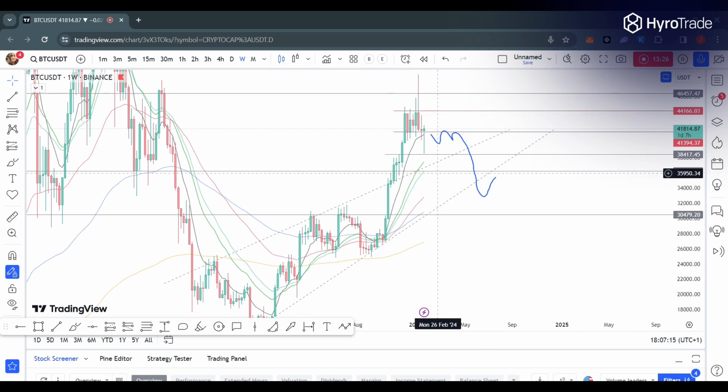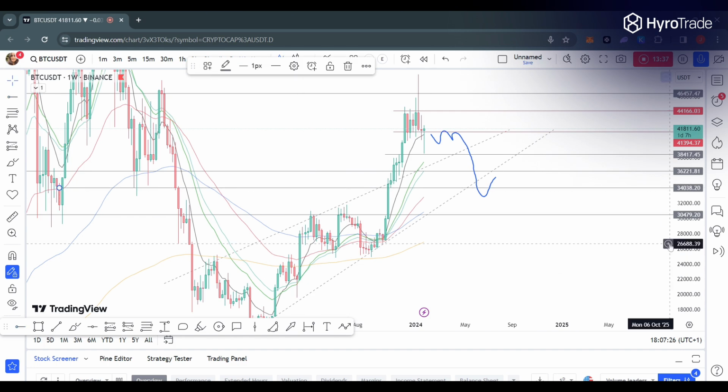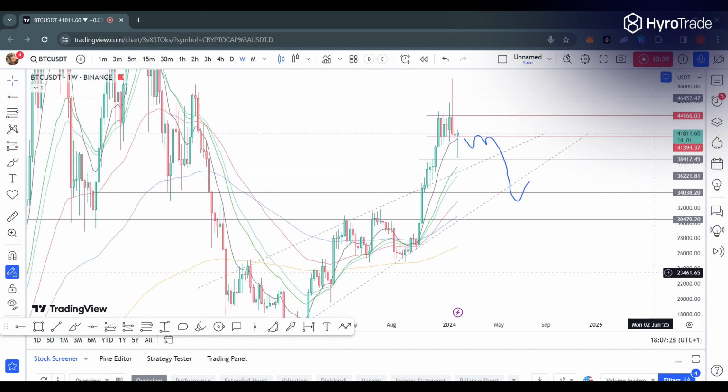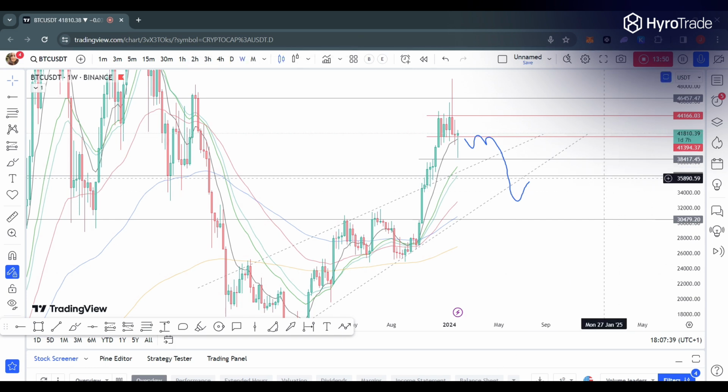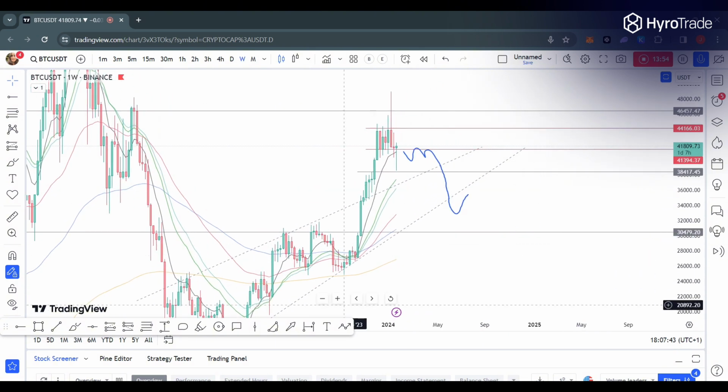My first target there will be 36,221, and second target is going to be somewhere here, 34,000. But we should understand that Bitcoin doesn't always come exactly to certain levels, so it's better to book profits earlier and always put stop loss to break even.